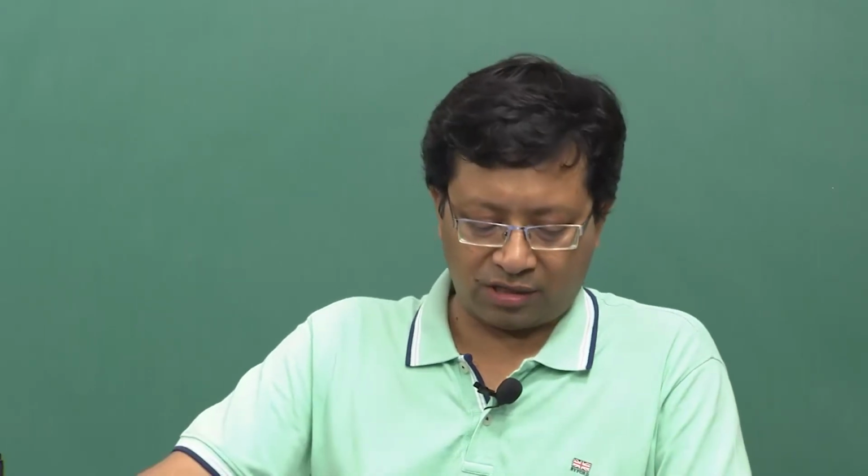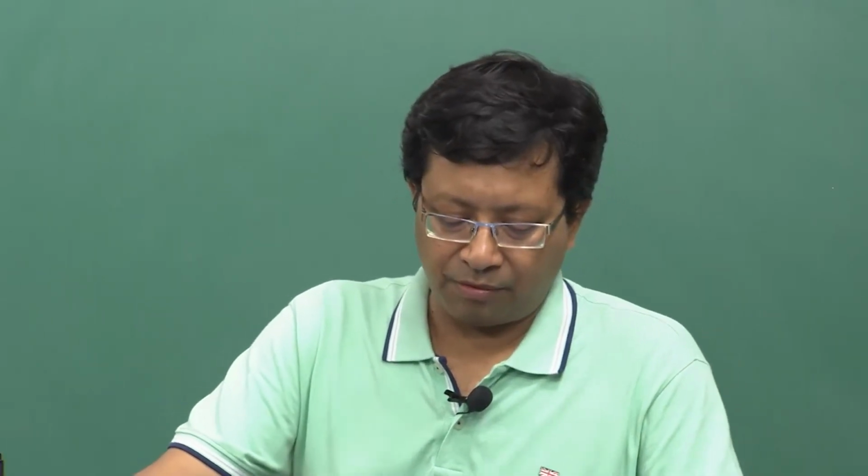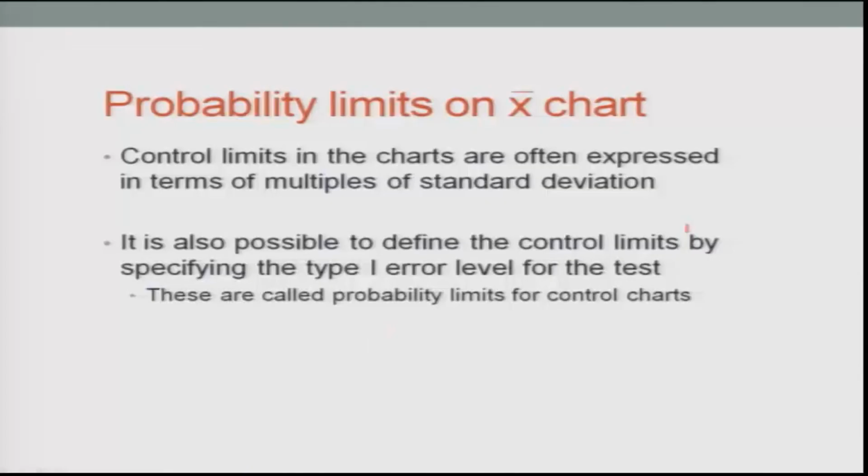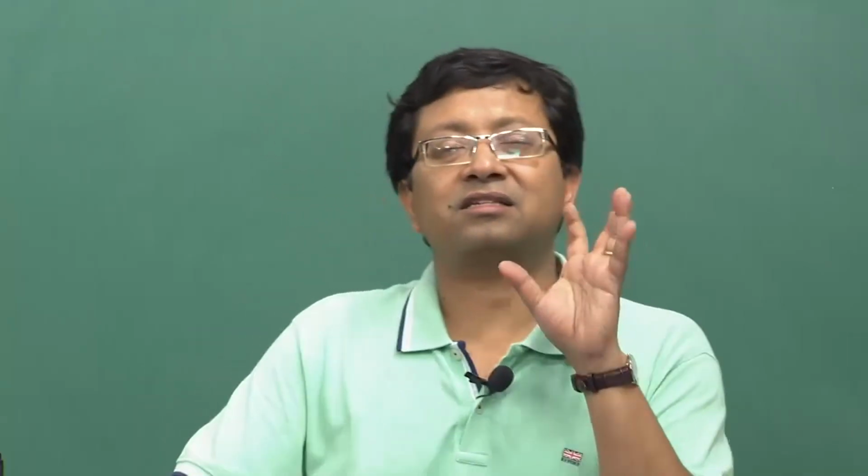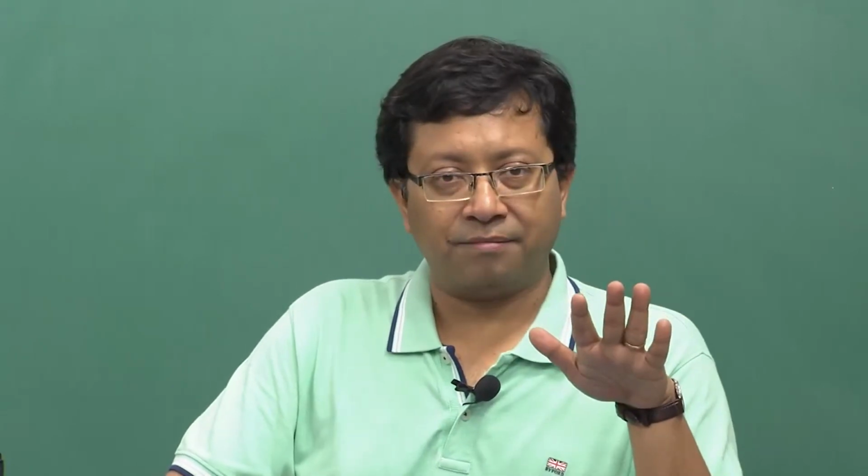So, continuing this, it is also possible to define the control limits by specifying the type of errors. Now, I will pause here. If you remember, when you did the OC curves, there were alpha, beta, type 1 error, type 2 error, the level of consumer risk and producer risk. It basically means that there are some good items which are being rejected and some bad items which are being accepted.